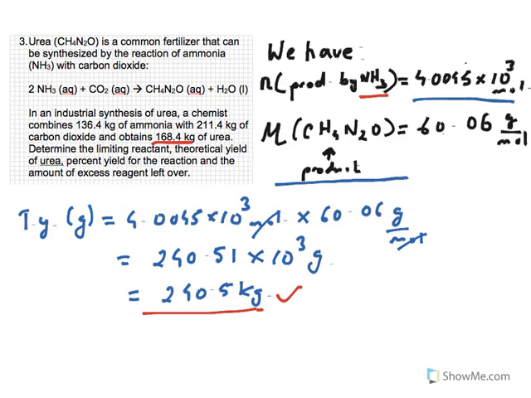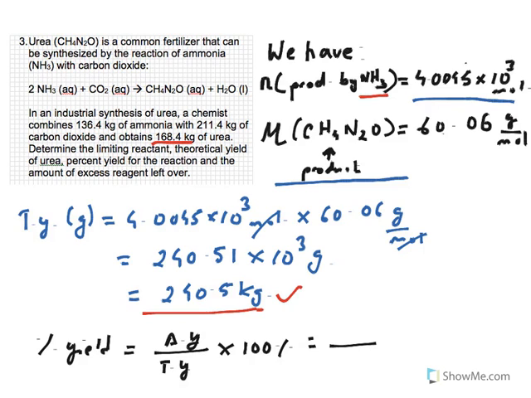So the percent yield of our product will basically be the actual yield, or the one from the question, divided by the theoretical yield, or the one that we found out just now, and then we will multiply this by 100% to express our ratio in terms of percent.